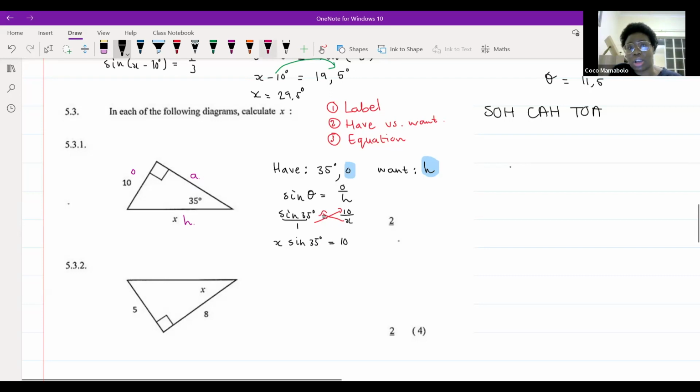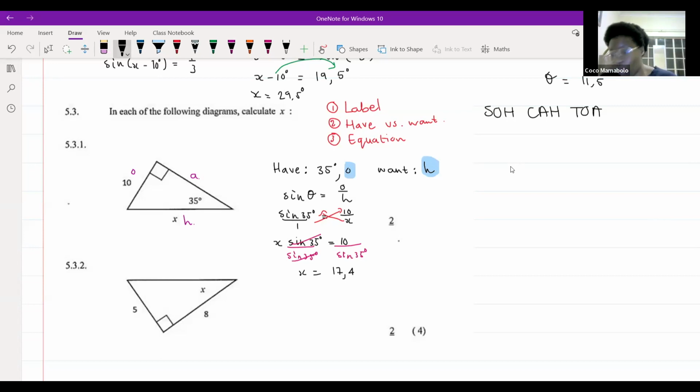I want x on its own, so I'm going to divide both sides by sine 35. Those two will cancel. Therefore, x is equal to 10 over sine 35, which will give us 17.43.